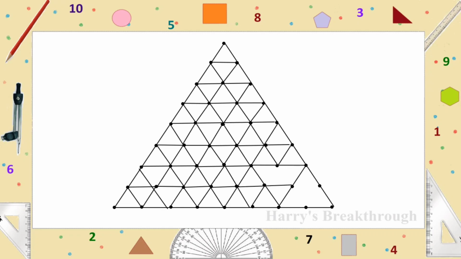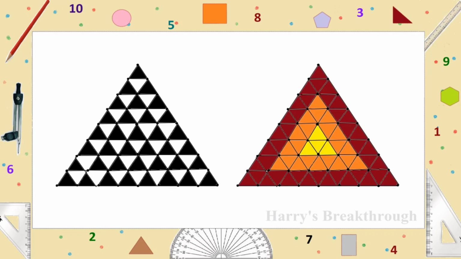So you got a geometrical pattern like this. In this pattern, when we divided the big triangle, we got many small triangles, right? Now you can color this with your own ideas and you can use any colors of your own choice.